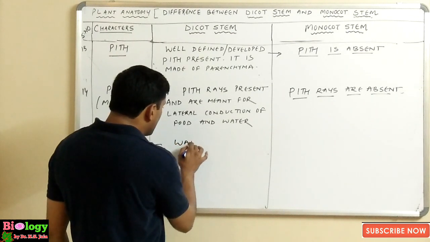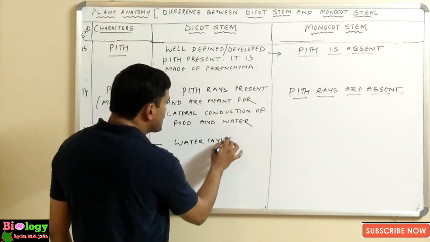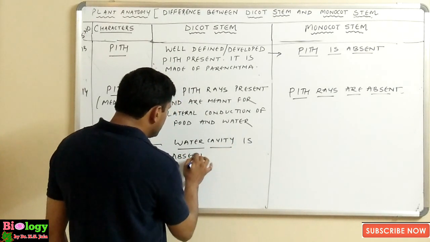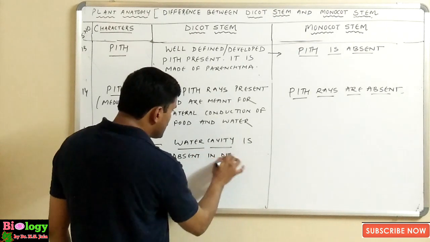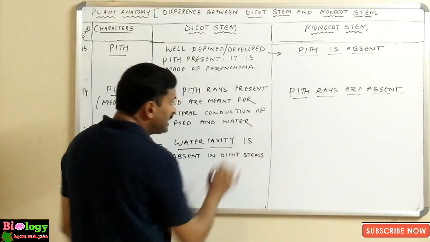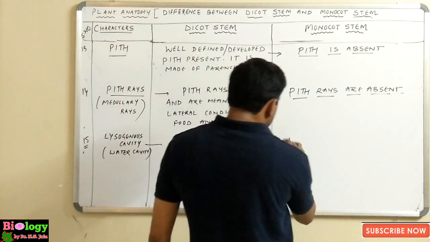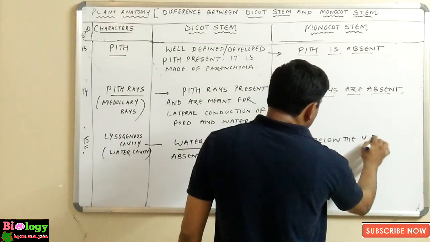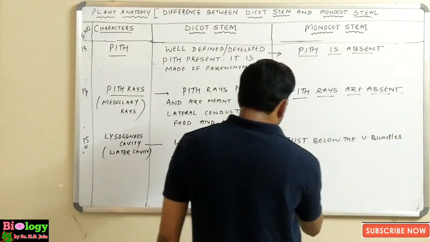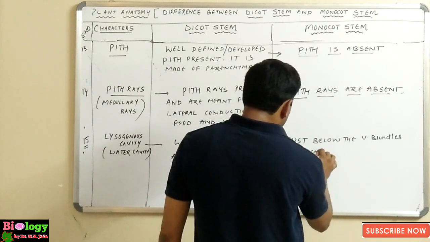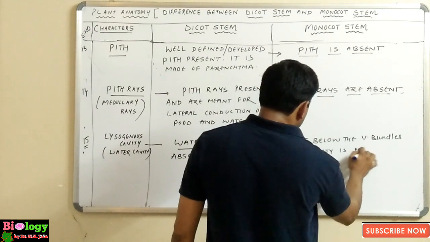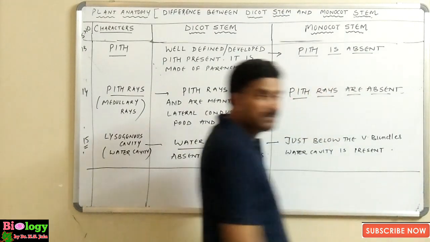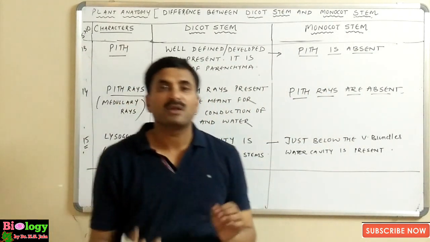So we can say that the water cavity, which is a type of lysigenous cavity, is absent in dicot stems, while here in the case of the monocot stem, just below the vascular bundles, a water cavity is present.